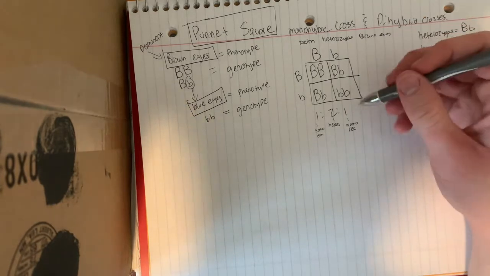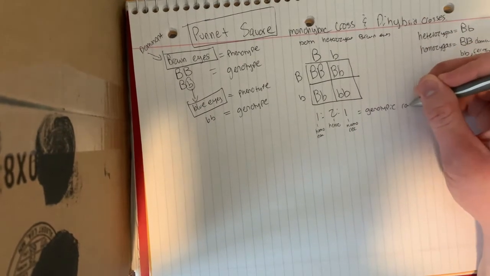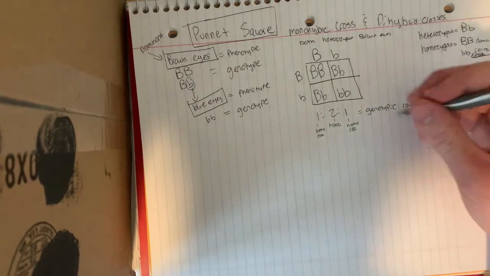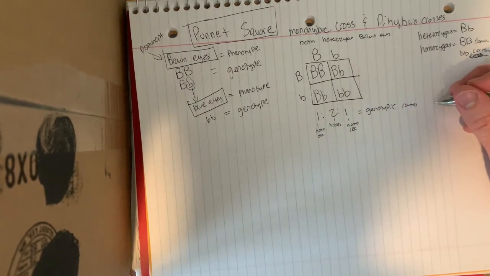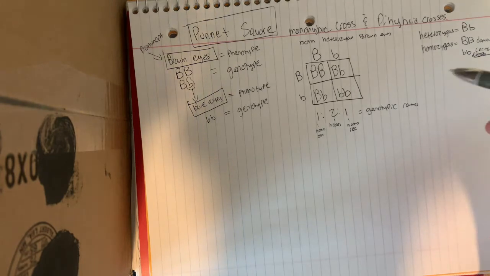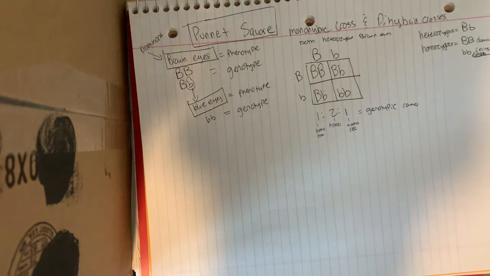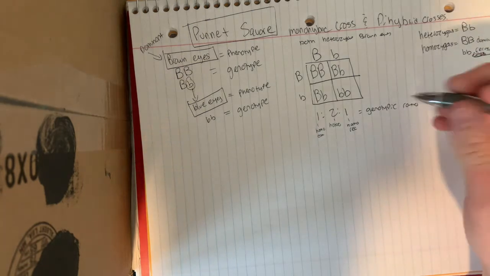So that is our genotypic ratio of something that follows Mendel's law, like typical Mendelian genetics, and that's something that you'll learn in genetics. We don't have to go over it now because it's a lot. It's a whole chapter you'll cover, don't worry. So that is how you do a monohybrid cross. And so that's our genotypic ratio.